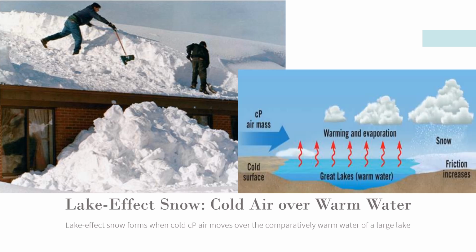This is better illustrated in the second image, where there is a greater fetch, a greater distance across the open water from one shore to another, so a greater modification of the air mass happens as the continental polar air mass goes from one shore to the opposite shore.